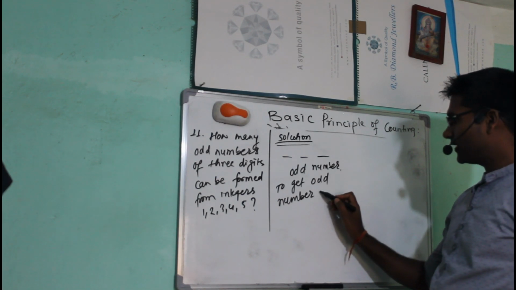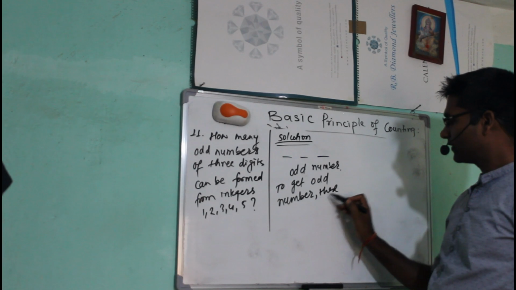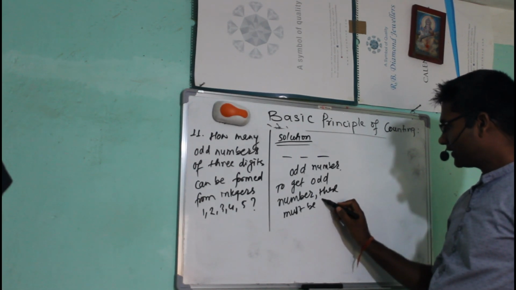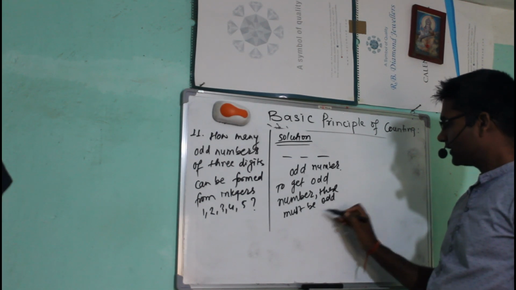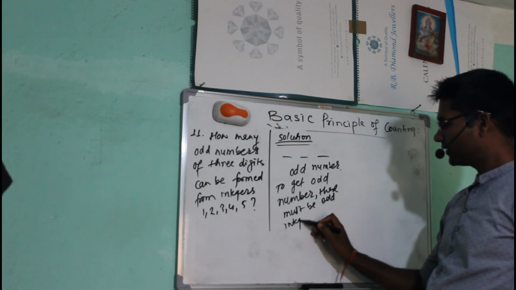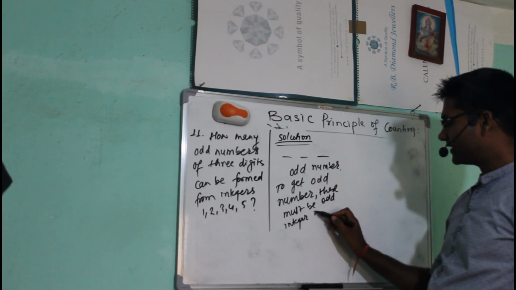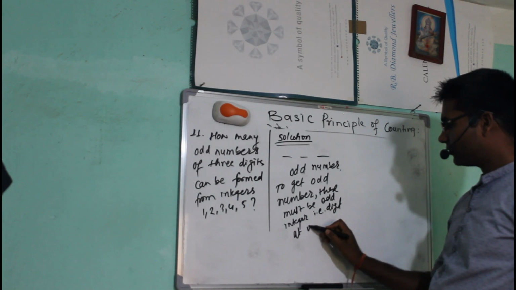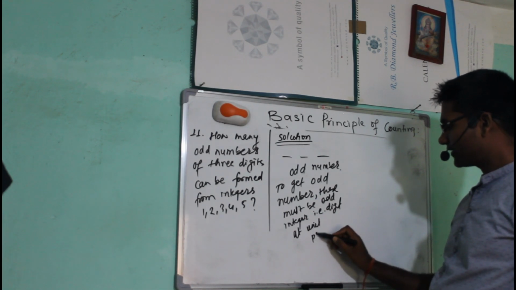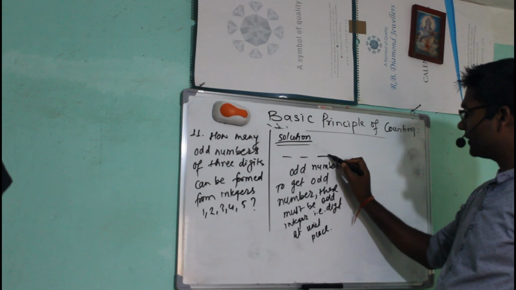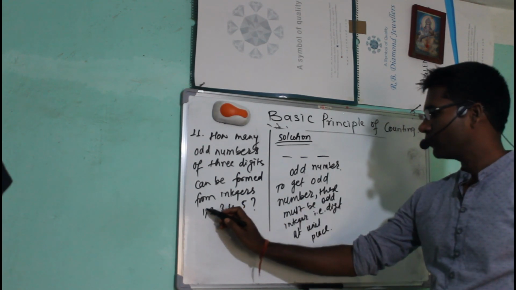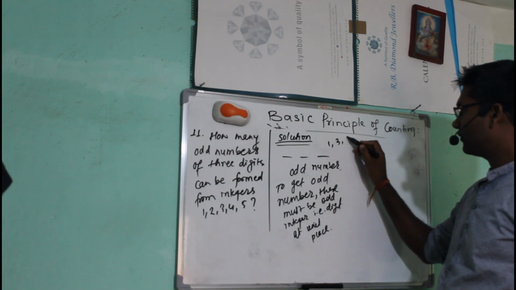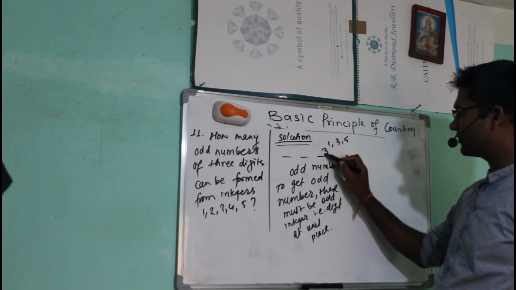To get an odd number, there must be an odd integer, that means an odd digit at unit place. See here, for unit place there are only maybe 1, maybe 3, maybe 5. So there are 3 choices for this.